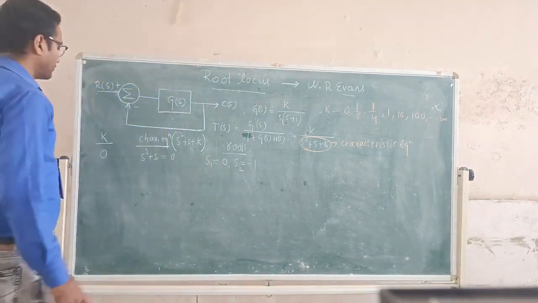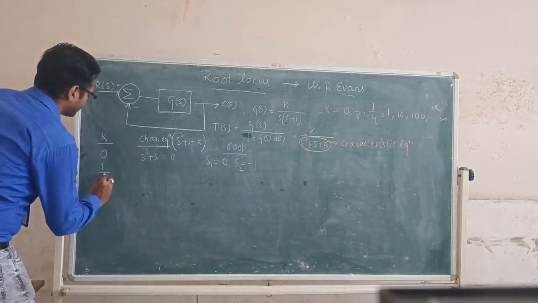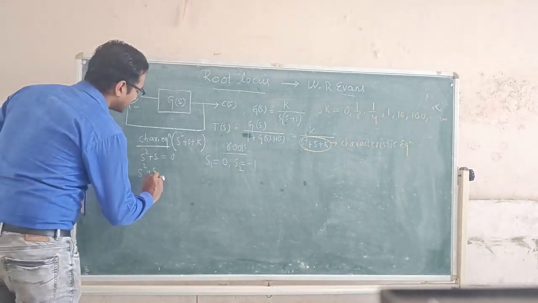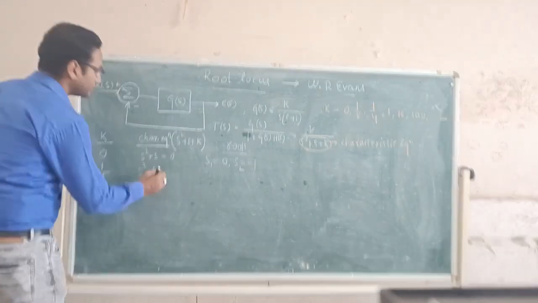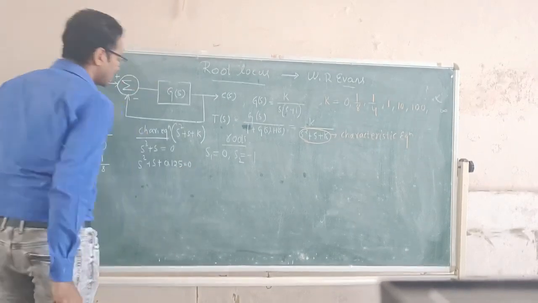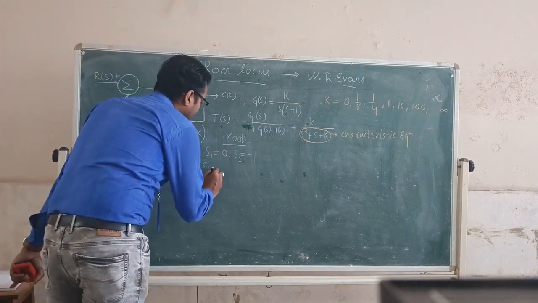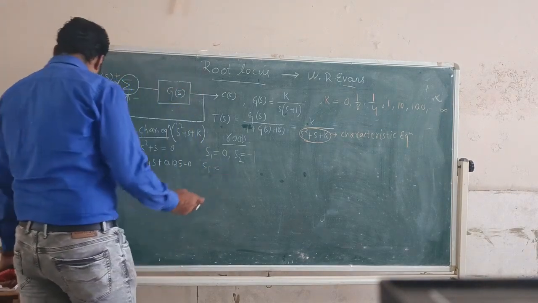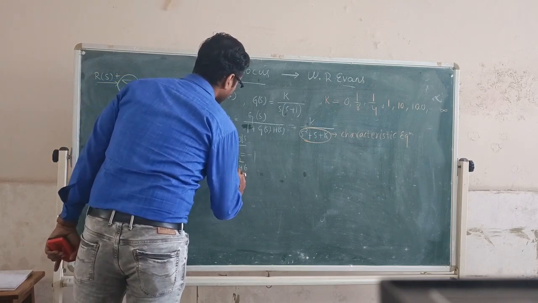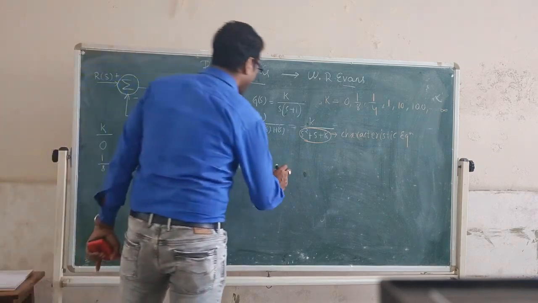Let us vary the k value. For example, k is taken as 1/8. When k is 1/8, the equation is s square plus s plus 0.125 equals 0. In that case, I have calculated the roots: s1 equals minus 0.146 and the other root is minus 0.85.